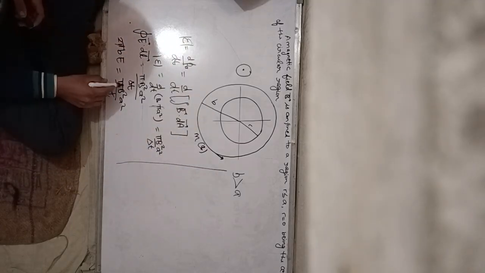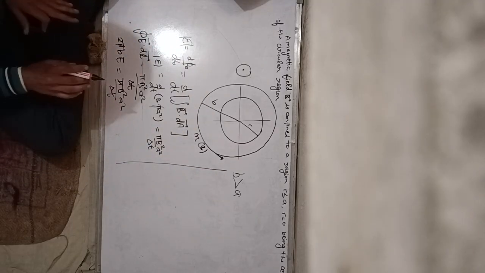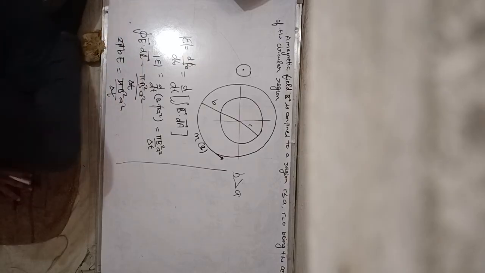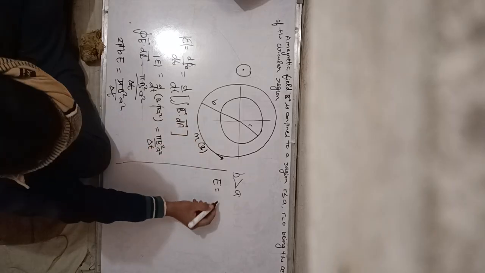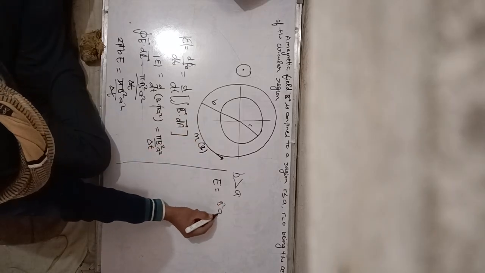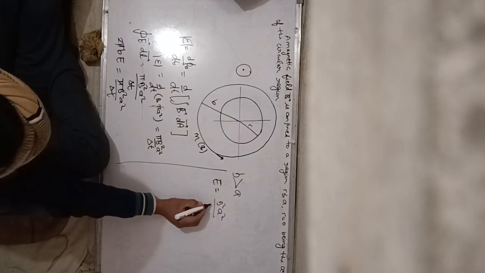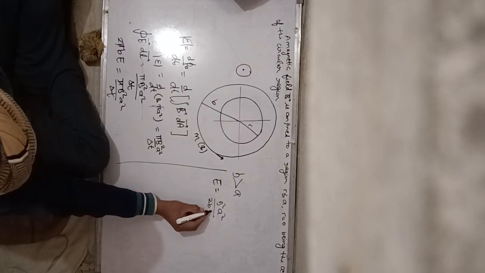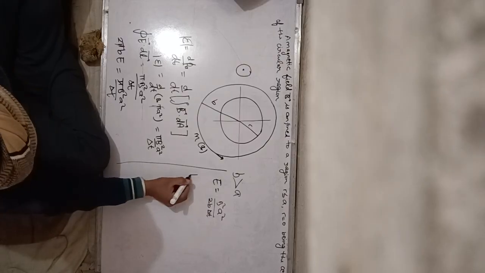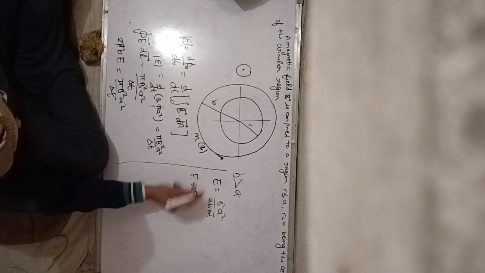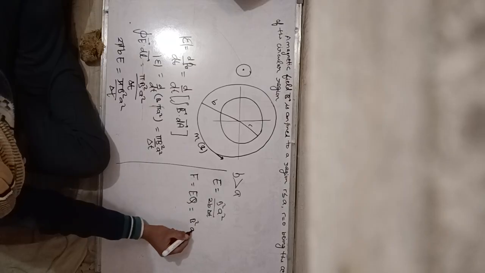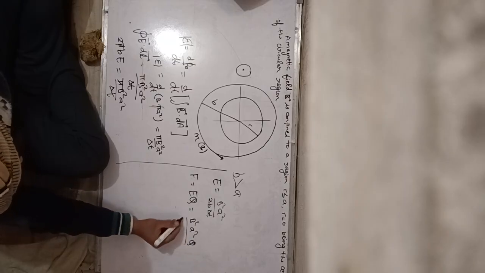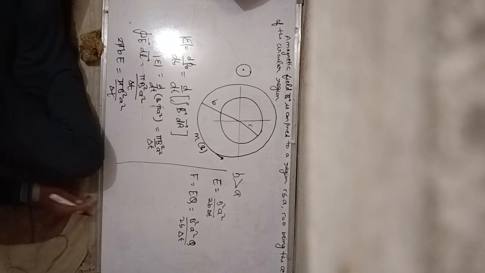We cancel our pi, so we get that the electric field in that ring will be B A square upon 2b delta t. And then the force on this ring will be EQ, and that will be B A square Q upon 2b delta t.